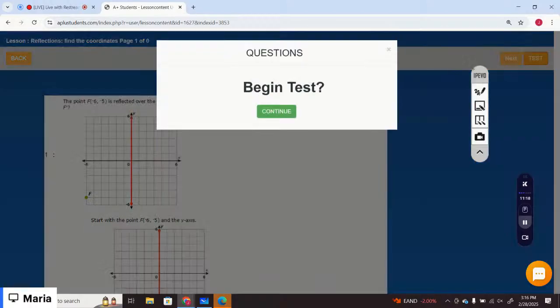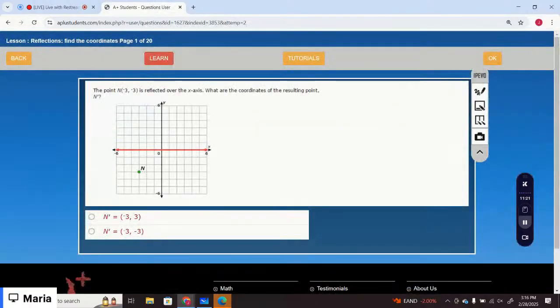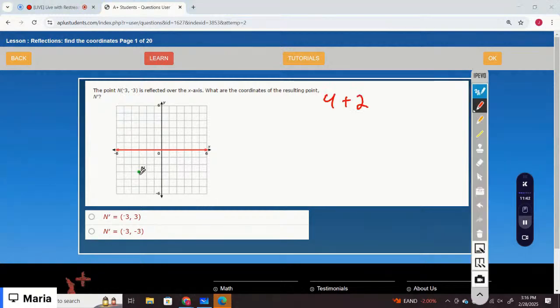Let's just start with the test questions. The point N dash (-3, -3) is reflected over the x-axis. What are the coordinates of the resulting point N dash? Here is the point N dash (-3, -3), right? That is reflected over the x-axis, so it would be 3 points above the x-axis: 1, 2, and 3.